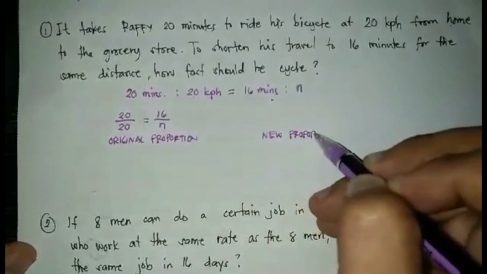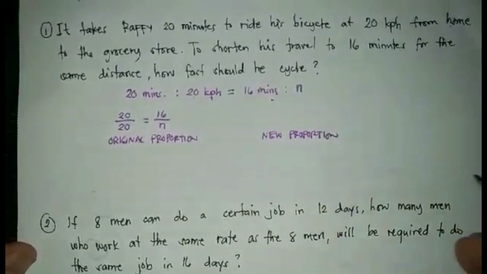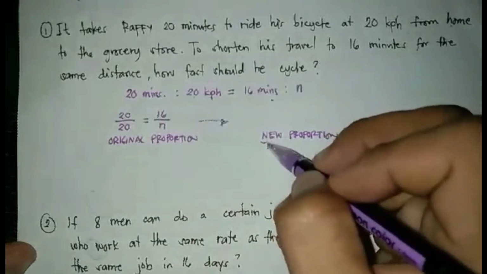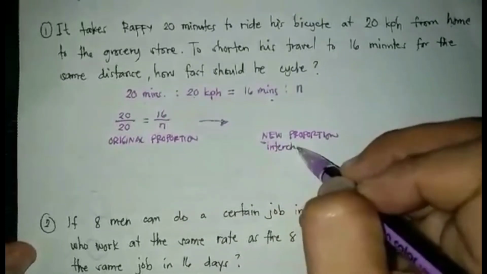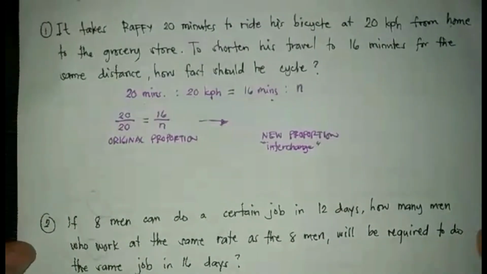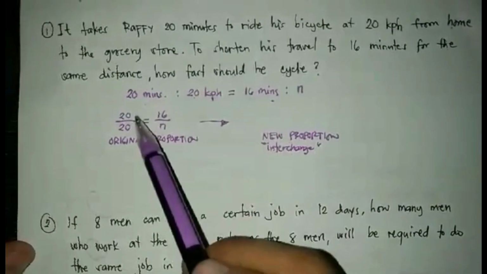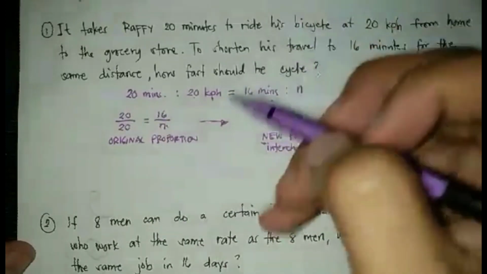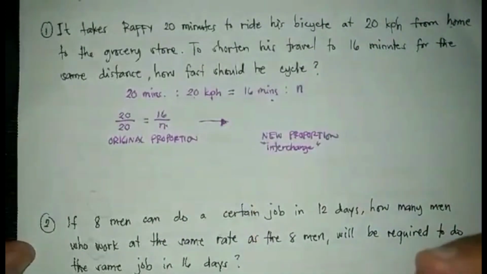So, paano magkakaroon ng new proportion? Gagamitan natin yan ng interchange of position. So, ano yung interchange natin? Bahala kayo kung pagpapalitin ninyo yung sa taas o yung sa baba, pwede po yun. Yung napili ko, halimbawa, yung sa taas.